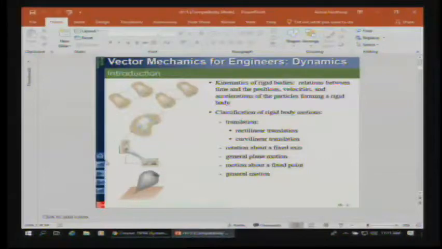This is pure rotation. And I should say, not just pure rotation, it's rotation about a fixed axis. The axis isn't moving. When the axis starts moving, things get interesting in a big hurry. And by interesting, I mean very difficult to deal with mathematically. The third picture shows a general plane motion, where this is like a bar on a slider block.